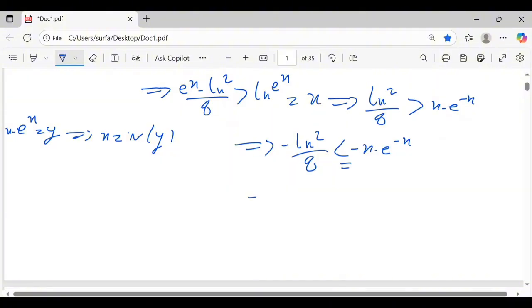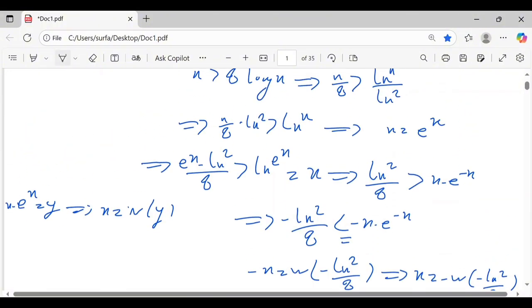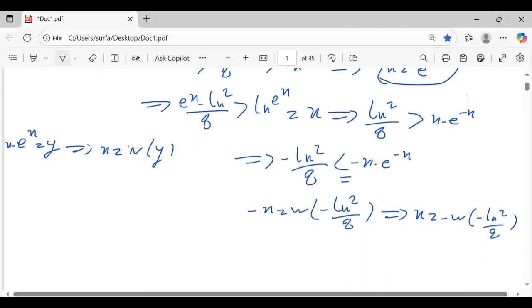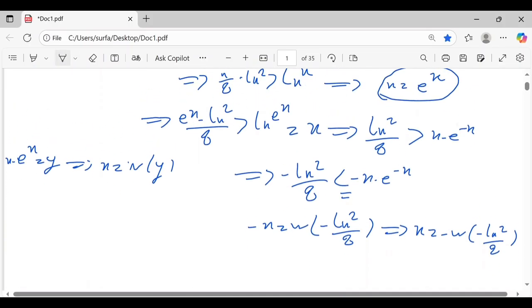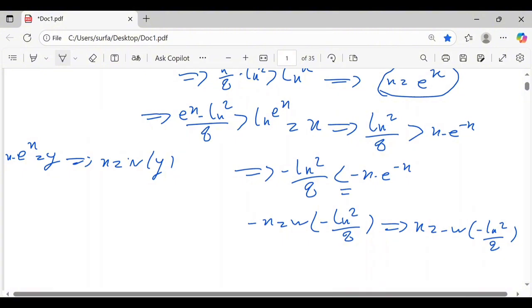We have minus x is equal to the Lambert function of minus ln 2 divided by 8, and so x is equal to minus the Lambert function of this value here. And based on this, we know that n is equal to e to the power of x.